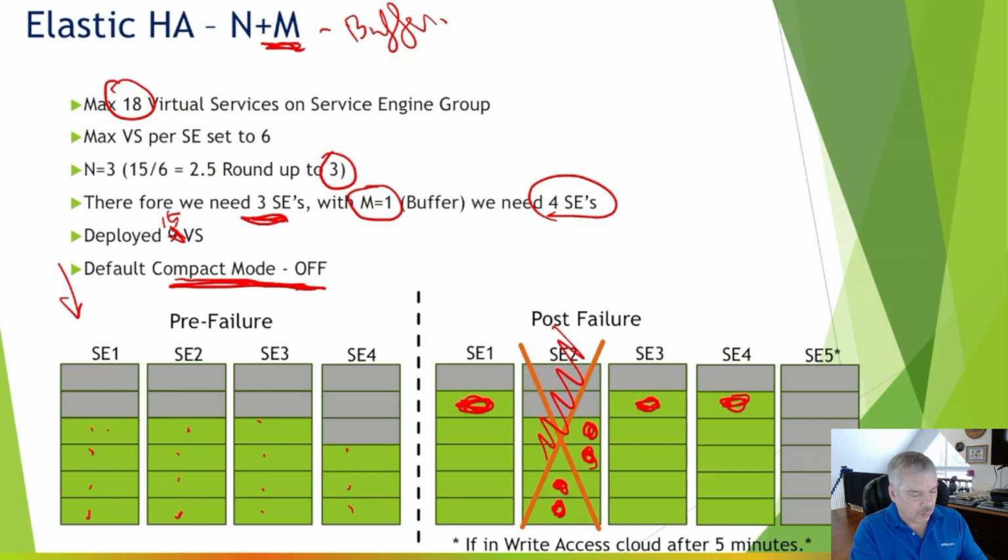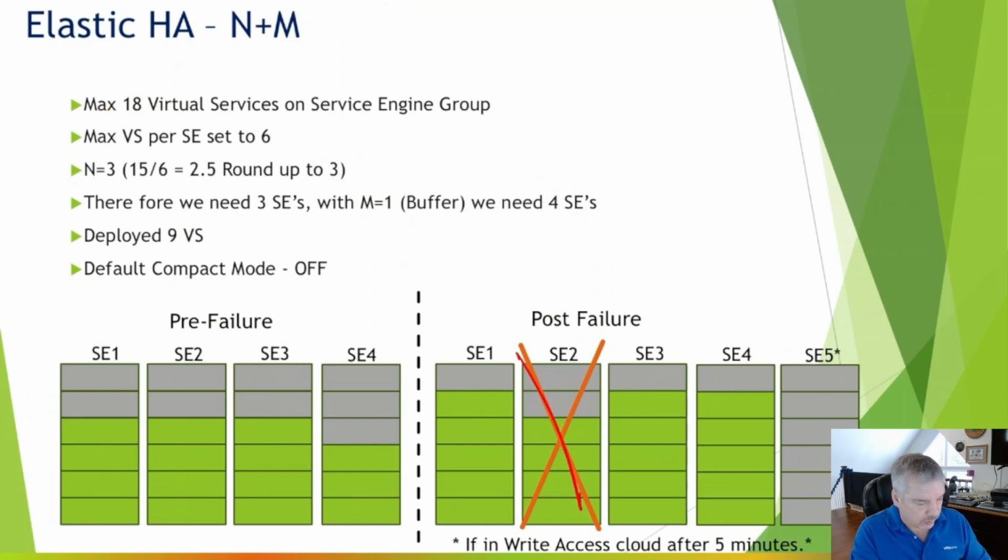But then we will spin up a 5th service engine, because right now, if this one dies and we reassign the failed virtual services to the surviving service engines, what happens if I lose another one? It's going to be a bad day for me. Because I said I want to maintain a buffer of 1, it will spin up this 5th one.